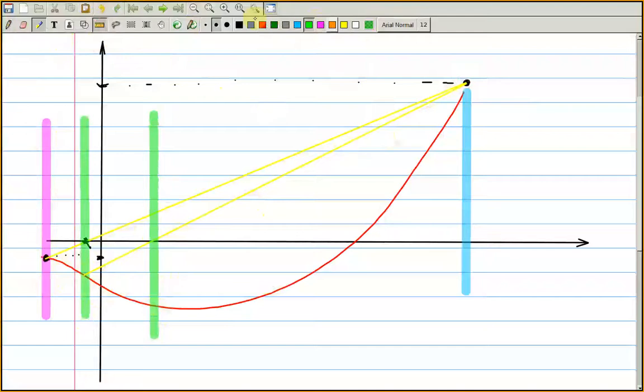Then we do it again. One more time. Repeat the procedure to the new solution. Again.